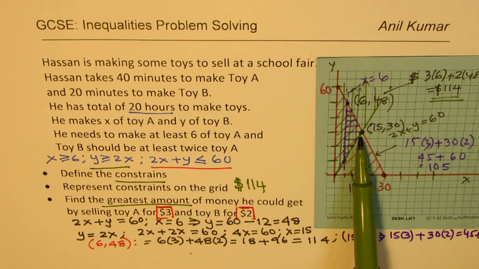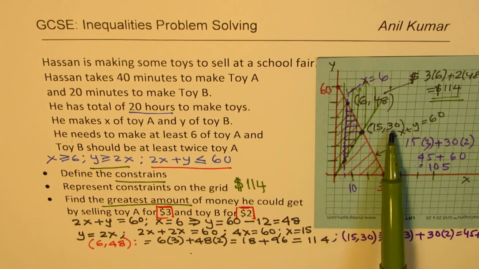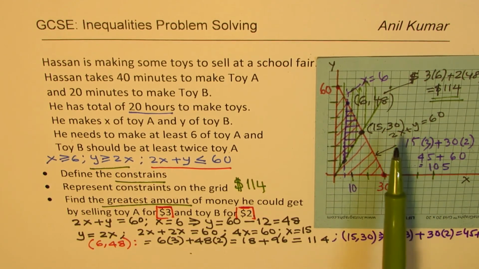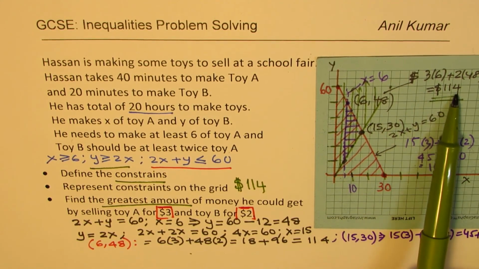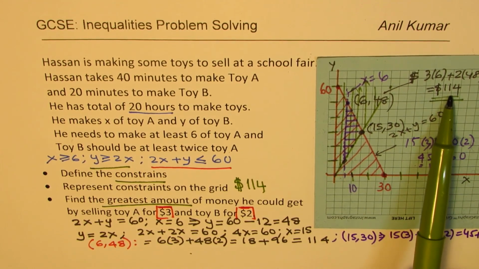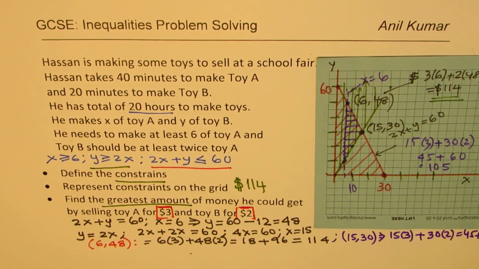And the other possibility was 15 of toy A and 30 of toy B, which at the rate of 3 and 2 comes to $105. Since 114 is higher, that is the greatest amount he could earn in the given scenario. Does that make sense to you? So I hope it is absolutely clear. That is how you should be solving questions related to inequalities using graphs.